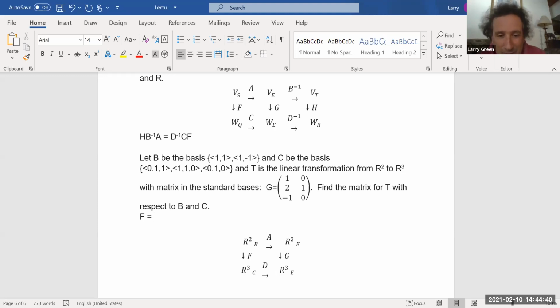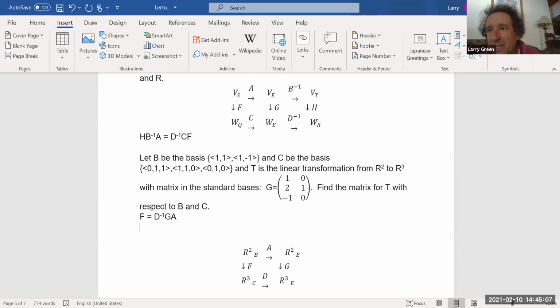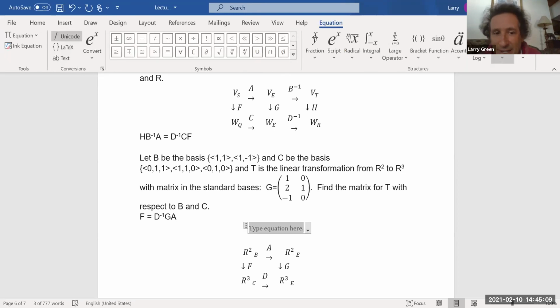So F is equal to, again, we're going to do A, then G, then D inverse, or D inverse G A, because remember, you always read backwards. We already know what G is. So we need to find out what A is. And the rest actually is kind of busy work if you understand it.